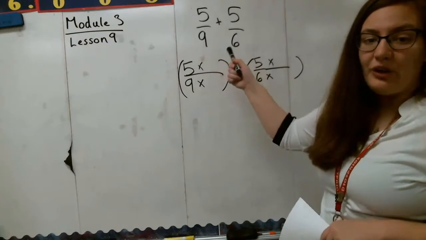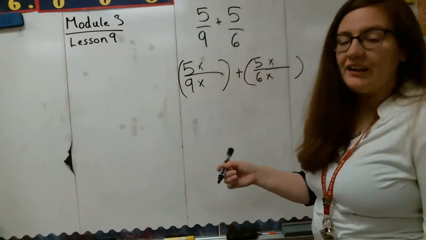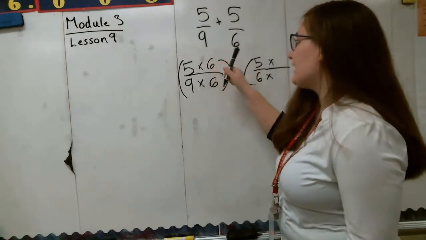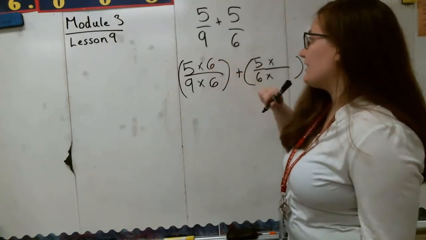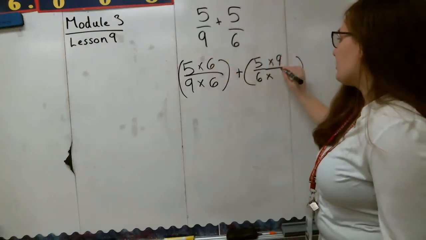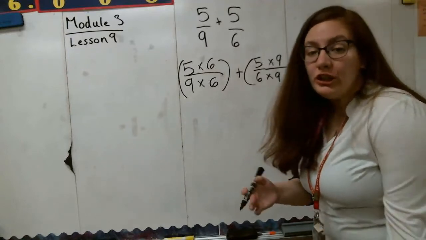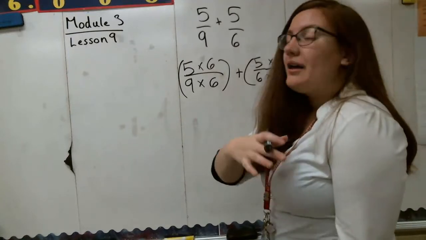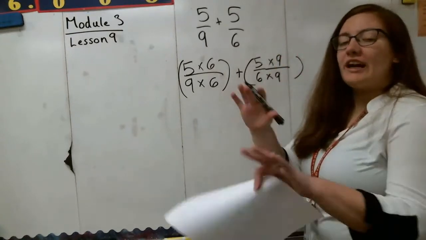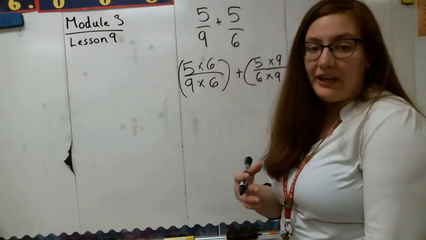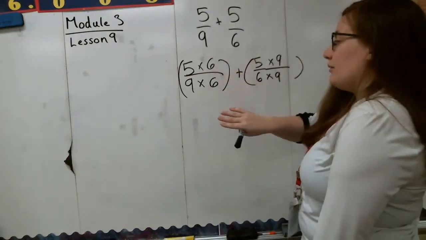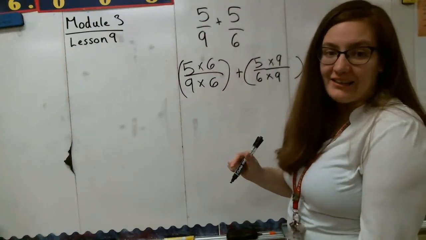And again, I'm just going to multiply by whatever number is on the other side. So you would put a 6 over here, since the 6 is opposite of this 9. And then on this side, you would put a 9. And you could do this, but my answers would be way too big, and it would be kind of hard for me to eventually simplify this answer.